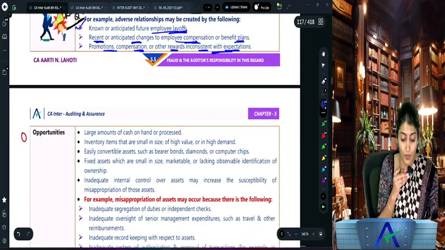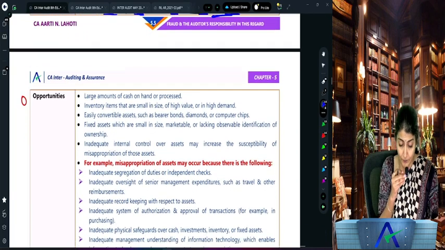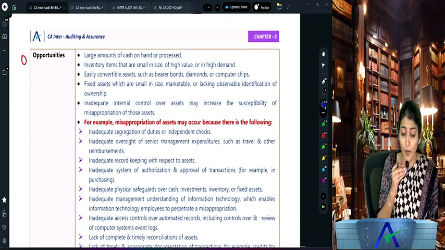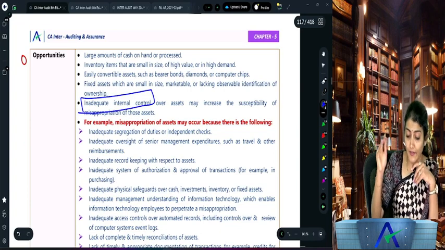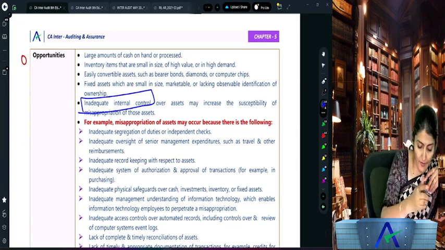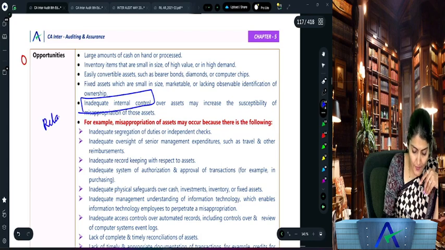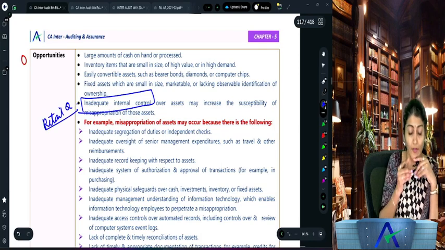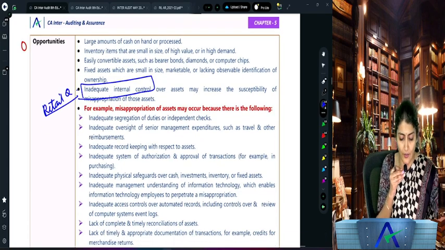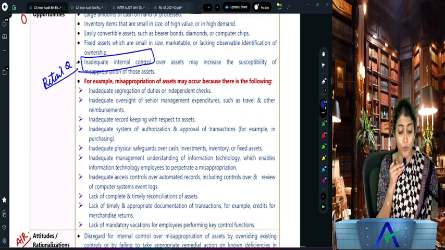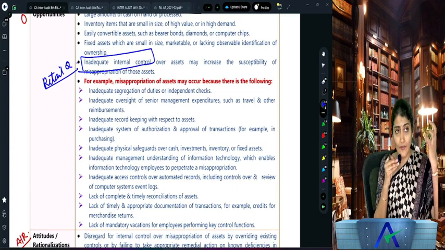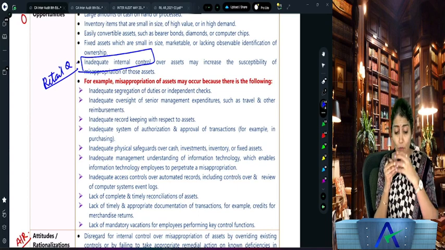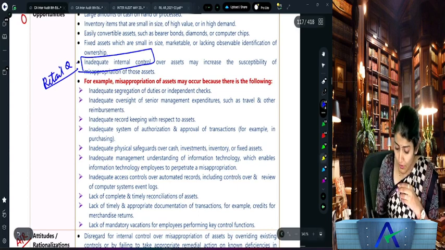Okay. Then what does it say? Opportunity. What did we say? Mainly an opportunity. From where does it come? Inadequate internal control. Again we have a retail question over there regarding the inadequate internal control. Does it give an opportunity to do the misappropriation of the asset?